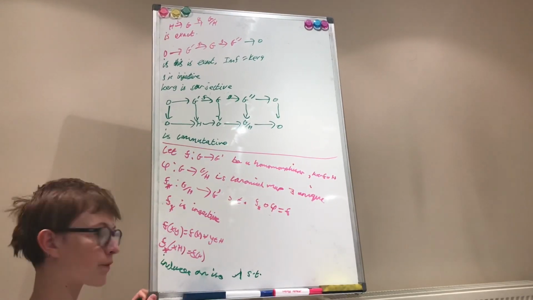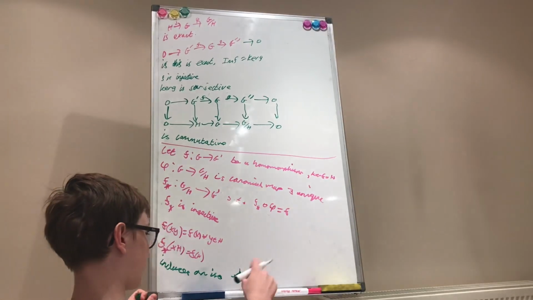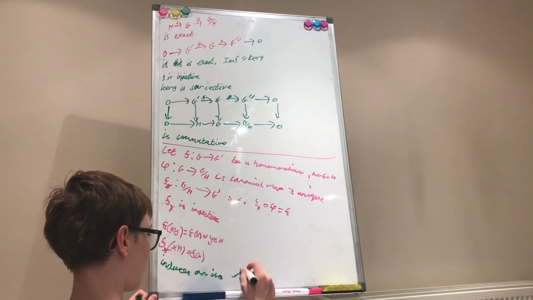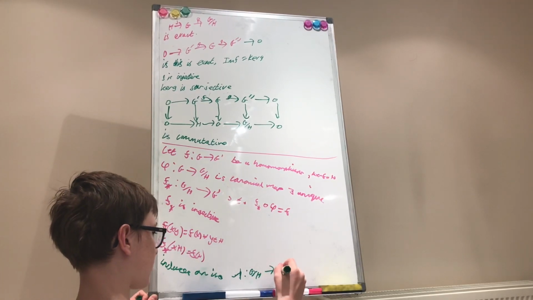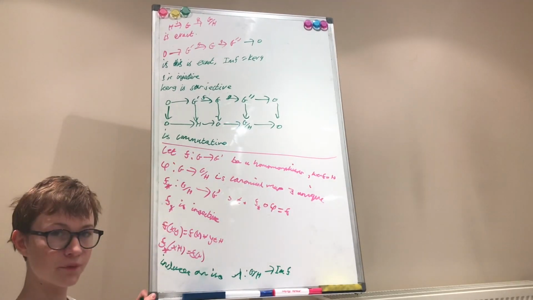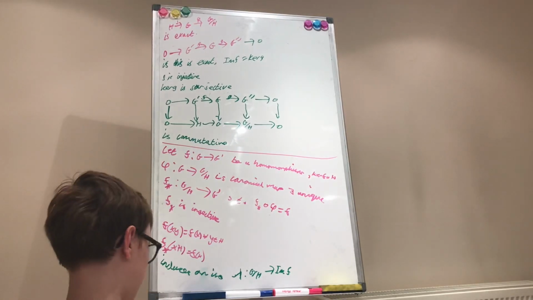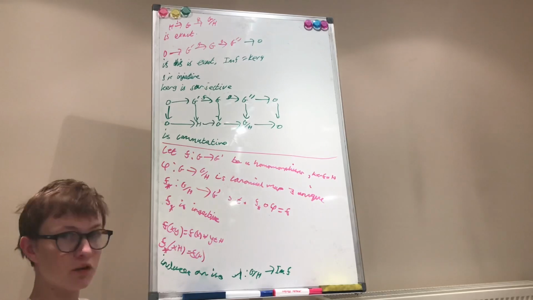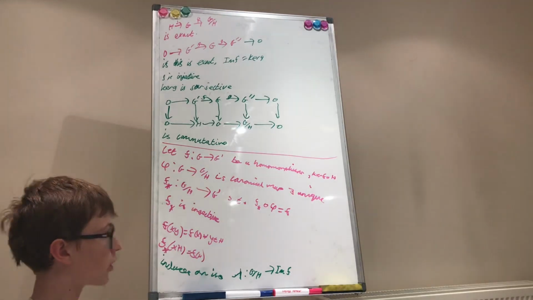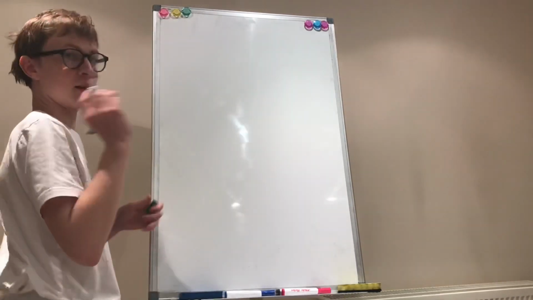Such that lambda takes you from G mod H into the image of f. Now this can be factored into a succession of homomorphisms the following way.